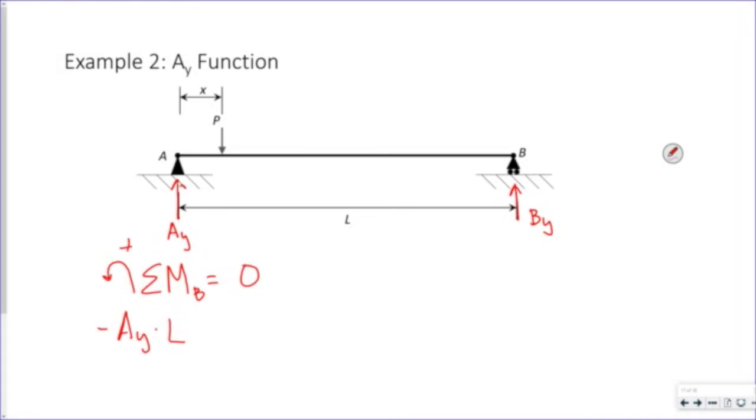And I have my load P always acting counterclockwise, so it's positive P, but the distance from B is going to change. What's the distance from B? L, the whole length of the beam, minus X. So L minus X.